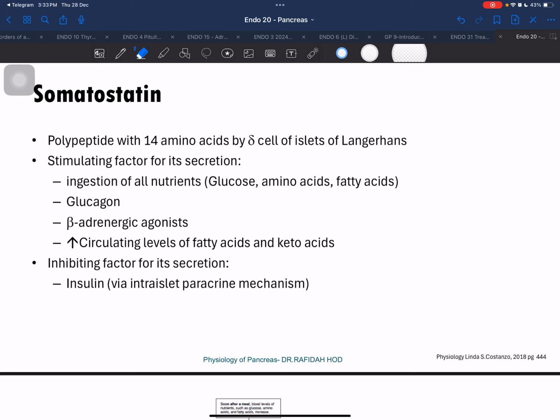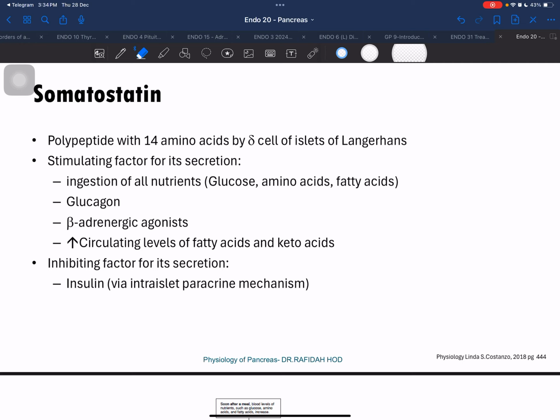So beta-adrenergic agonists also stimulate somatostatin, and high circulating levels of fatty acids and keto acids will also stimulate somatostatin to be secreted. What can inhibit it is insulin. So glucagon stimulates somatostatin release, but insulin will inhibit somatostatin release.